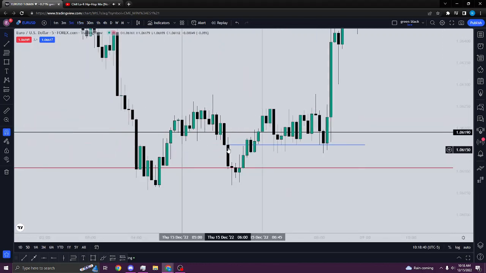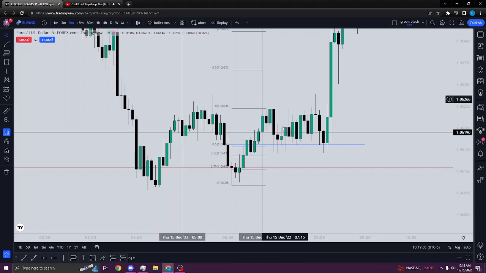We have a specific price point that we can buy the euro dollar, and we can frame it from low to high. Let's get a fib on a 5-minute chart. Low to high. Let's put it on this. Yeah, low to high. Below the 50%.